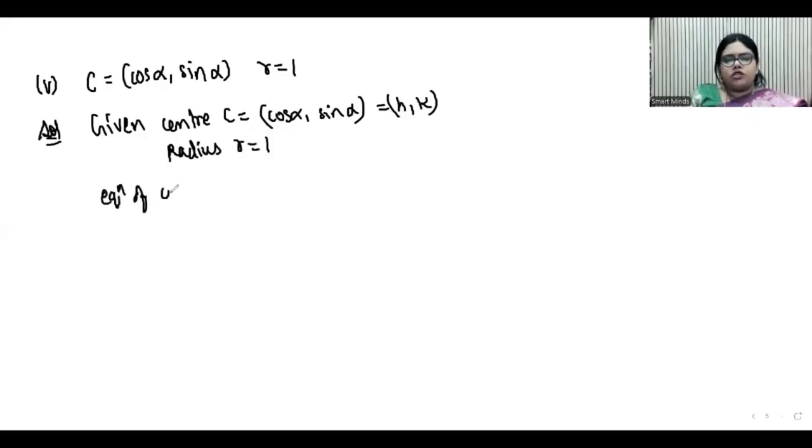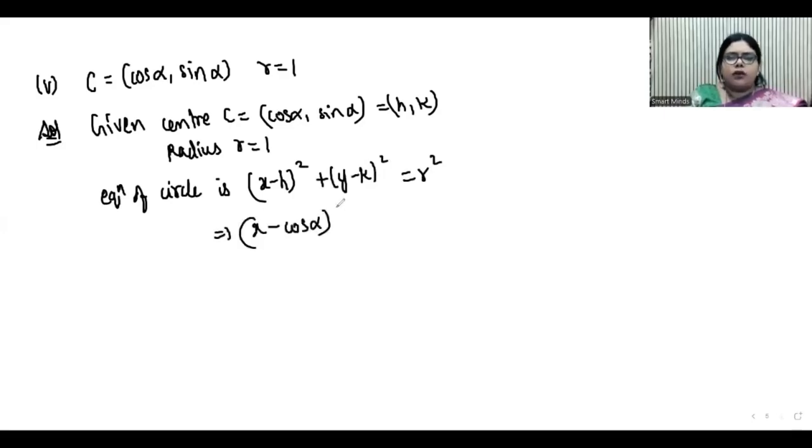Now equation of circle is (x minus h) whole square plus (y minus k) whole square is equal to r square. So (x minus cos alpha) whole square plus (y minus sin alpha) whole square is equal to 1 square.